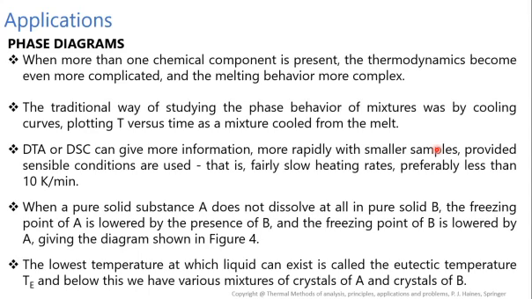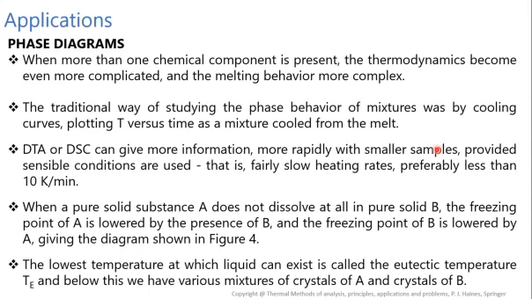DTA or DSC can give more information more rapidly with smaller samples, provided sensible conditions are used, that is, fairly slow heating rates, preferably less than 10 Kelvin per minute. When a pure solid substance A does not dissolve at all in solid B, the freezing point of A is lowered by the presence of B and the freezing point of B is lowered by A, giving the diagram shown in the next slide, figure 4.